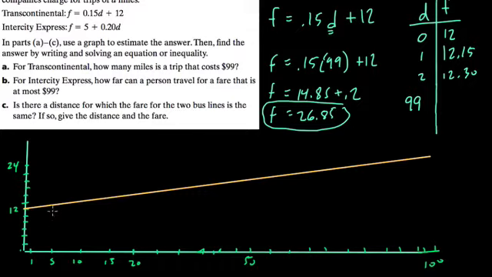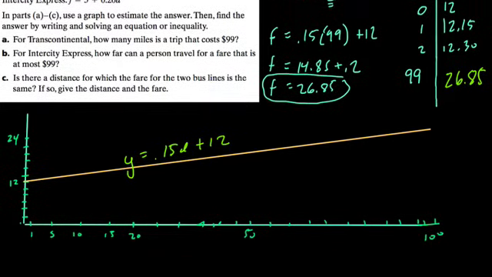This line models what our equation predicts, and you might label it y equals 0.15d plus 12. You can use this graph to estimate, but if you need a precise number, it's a good idea to use the algebra.